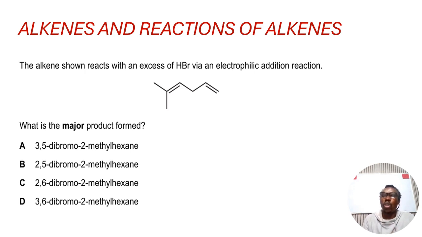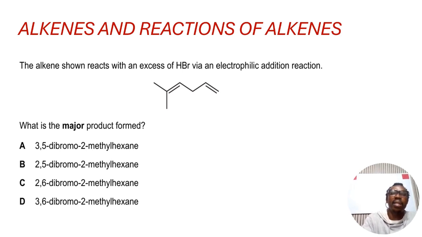So the first thing to do is to write the display formula of the compound that is shown. Then we'll now carry out the reaction. We'll now add what? A hydrogen halide. Now let's draw the display formula. It's very, very important.